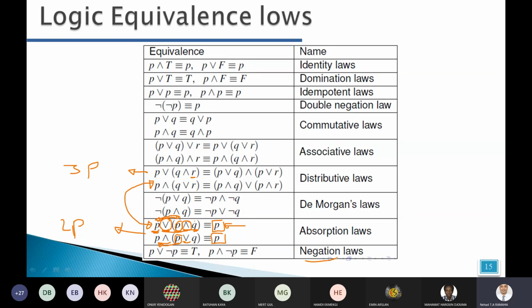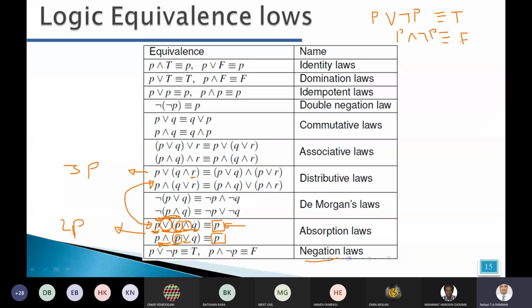We also have the negation law. This negation law says that if I have P or not P, it is equivalent to true. If we have P and not P, it's equivalent to false.